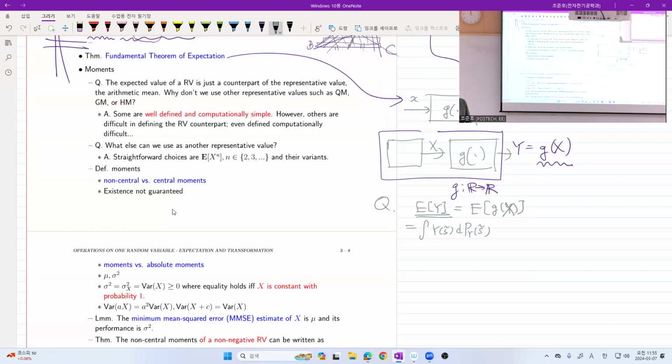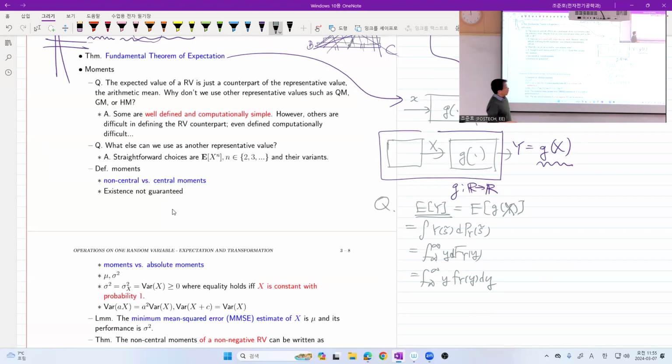Or at least we have to derive the CDF of Y and compute this Stieltjes integral, or hopefully the density function. We don't know yet how to derive the density function of a function of a random variable.